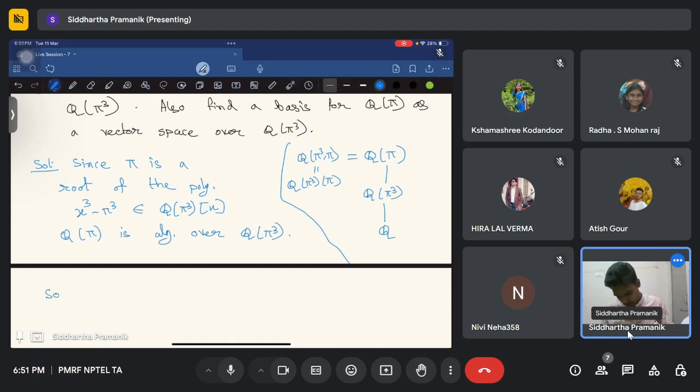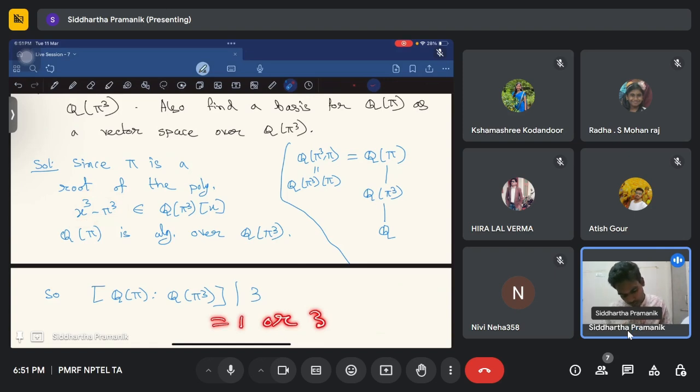And so this degree, we can say it is less than or equal to 3, right? It divides 3 because it satisfies a polynomial of degree 3. So that means it can be 1 or 3.